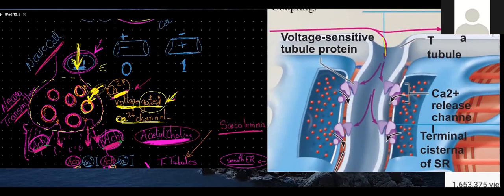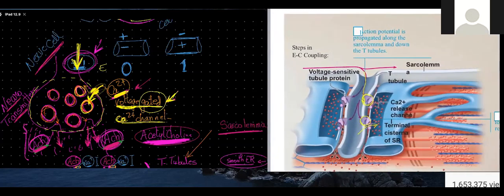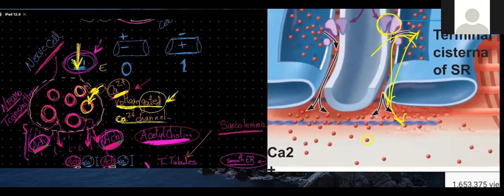The electrical signal traveling down through the T tubules is going to open calcium channels, stimulating the sarcoplasmic reticulum to release its calcium out in the cytoplasm. So now I've got the calcium out in the cytoplasm everywhere.